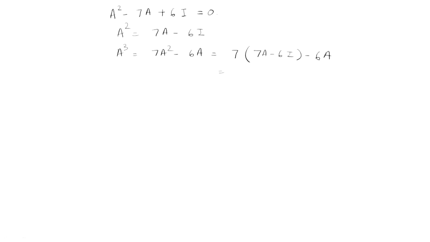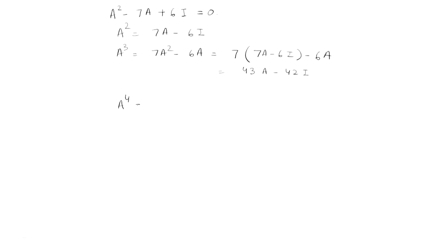now 42 minus 6, 42 minus 6 is 36A minus 42I. Okay, it is 49, it is 49 minus 6. So, it is 49 minus 6 is 43, it is 43A minus 42I. Similarly, again you can multiply by A both the sides.